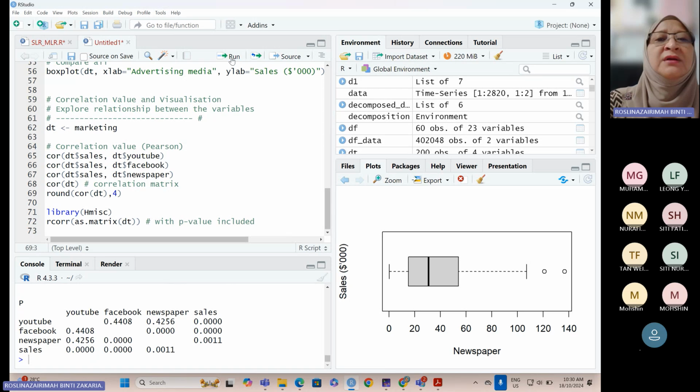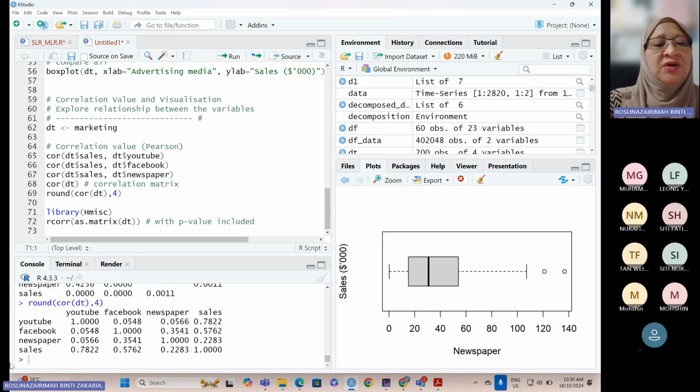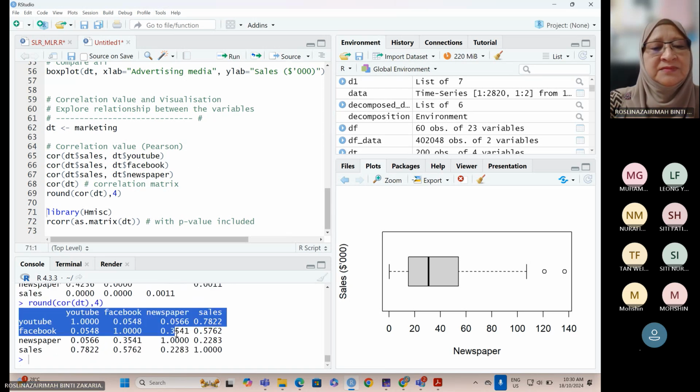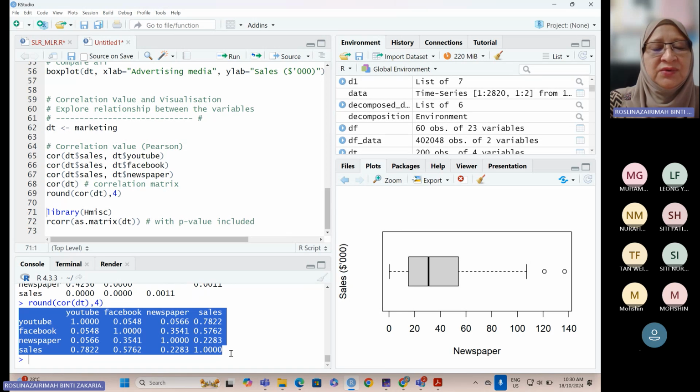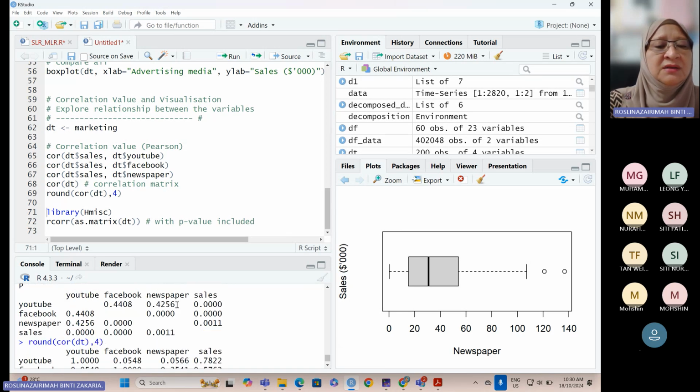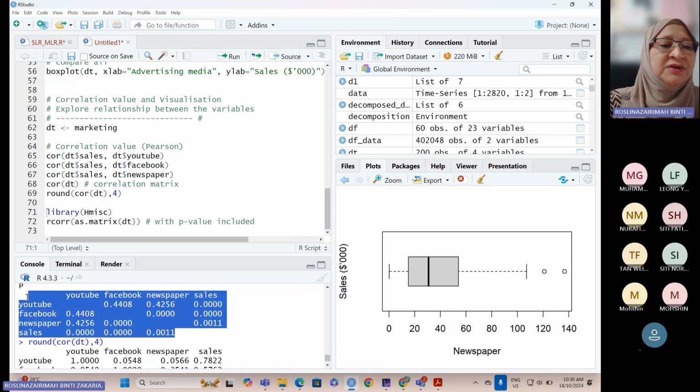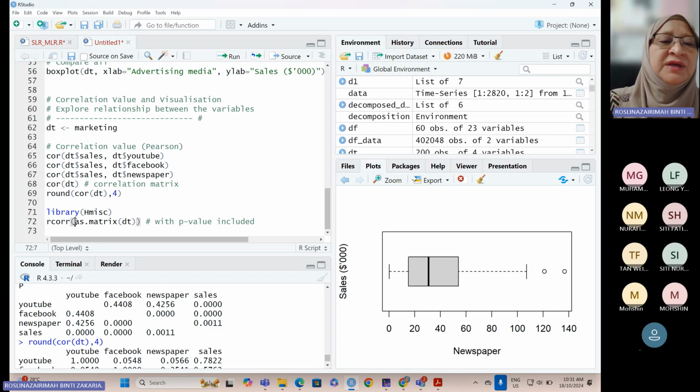If you use the cor function, it only gives you the correlation value. But rcorr gives you the hypothesis testing for the correlation value. That's different because the function is different. You need to be careful that your data frame must be a matrix, so you need to change it.